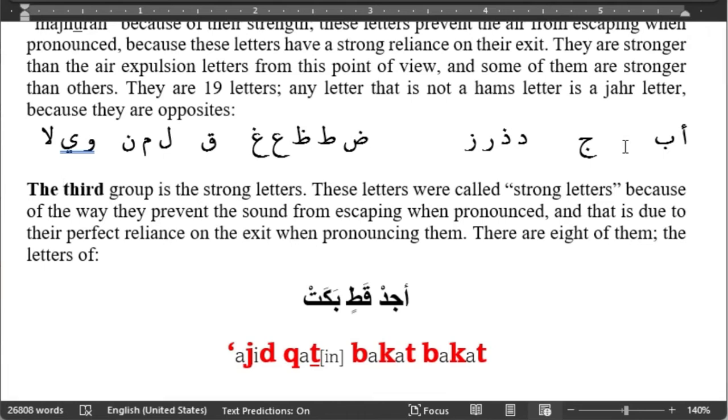So then you strive, even if you're not doing it perfectly at first, you keep it in mind and you keep trying, it'll get better, inshallah ta'ala. You're going to release your air for those air expulsion letters. You're going to suppress your air for the air suppression letters. And you're going to sit with a teacher who is good at that, like Hajj Ali, may Allah have mercy on him.